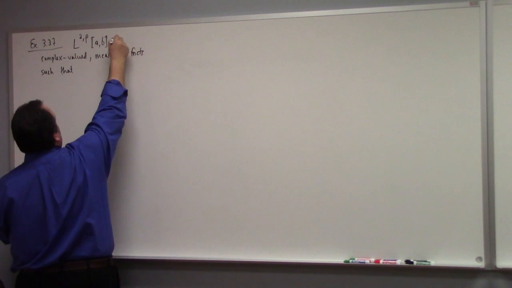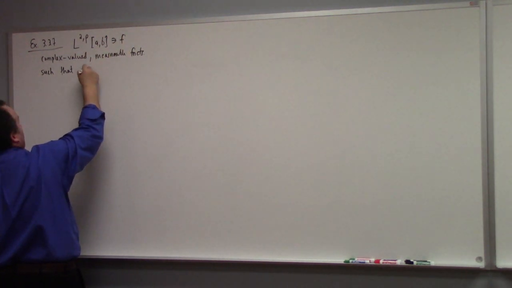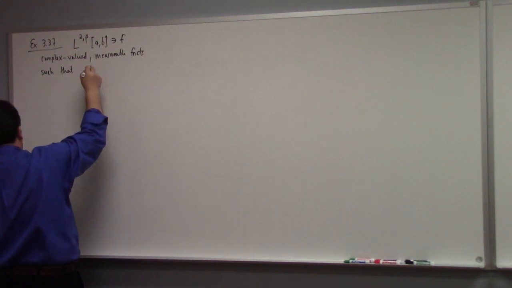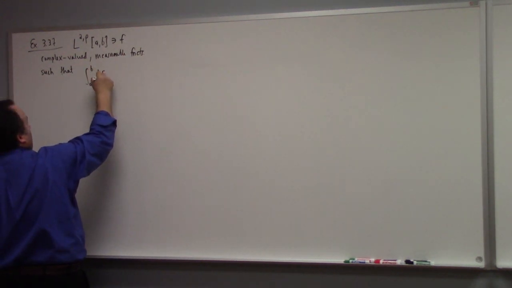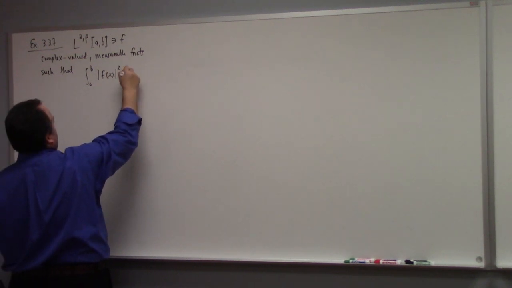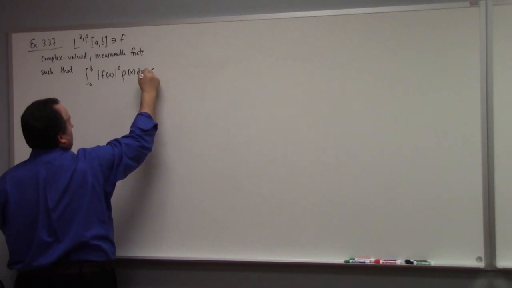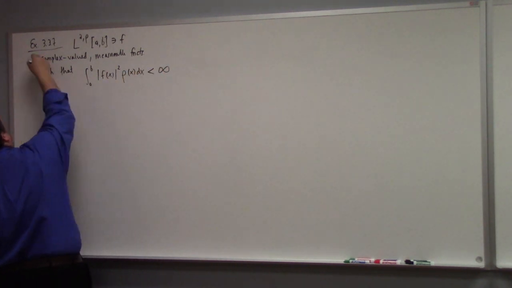F is an element of here means that the integral from A to B of the modulus of f of x squared times rho of x dx is finite.